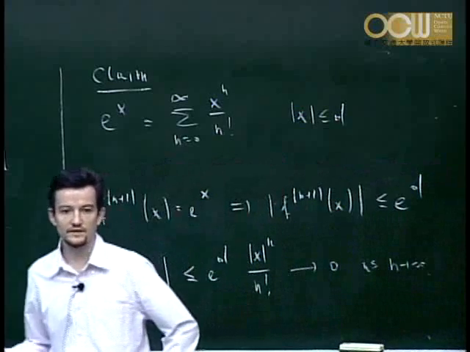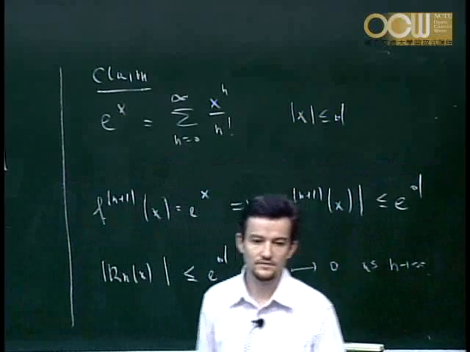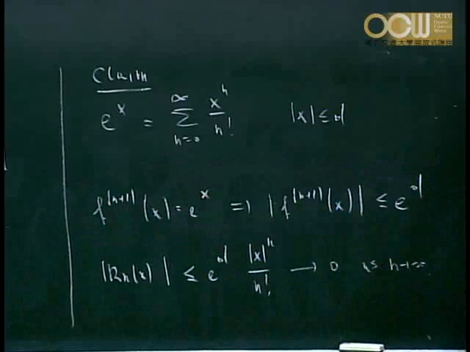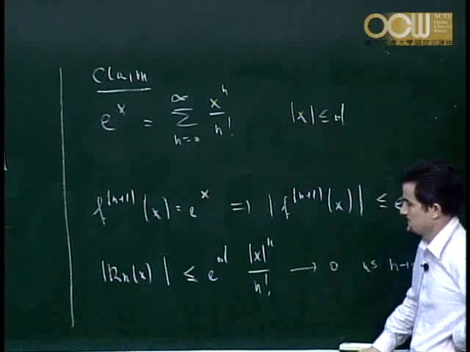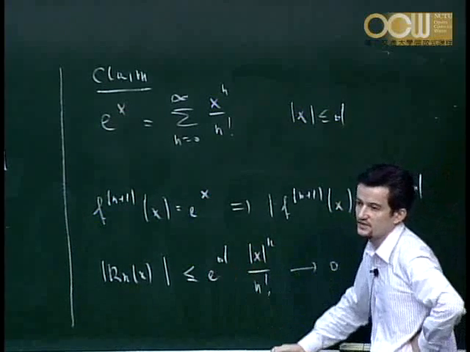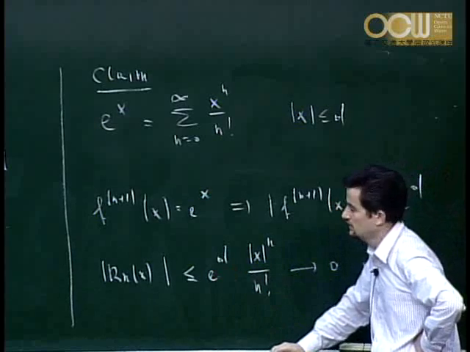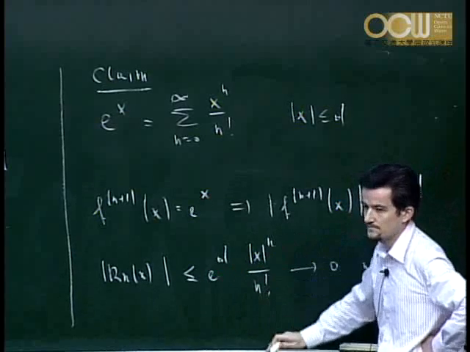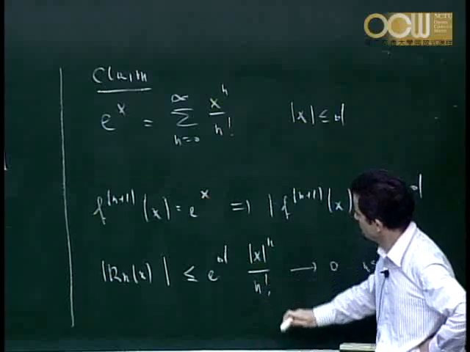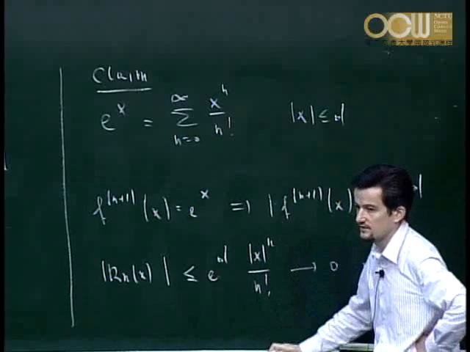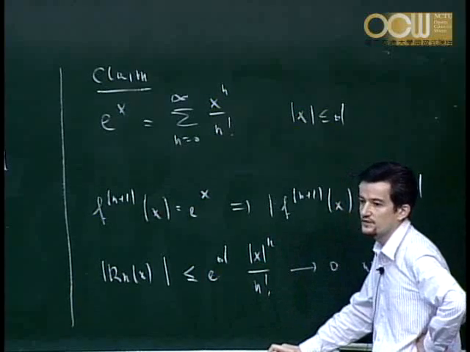Who can tell me why? This is a constant here, so we do not have to care about it. We just have to look at this here. So why does this sequence tend to 0 for every x as n tends to infinity?